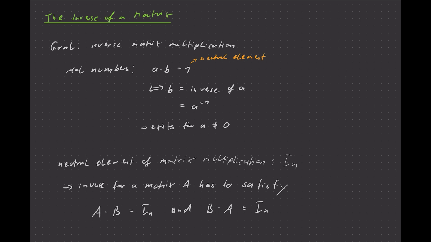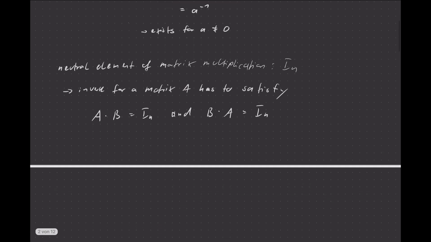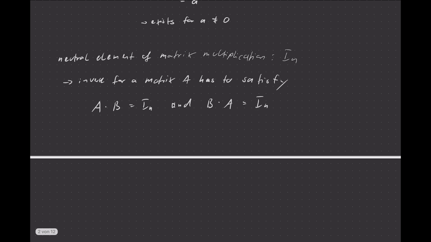So that already gives us one restriction for the inverse. With this equation to satisfy, the only possible matrices that can be considered are square matrices. Otherwise, we can never get I_n that way. So A must be a square matrix.